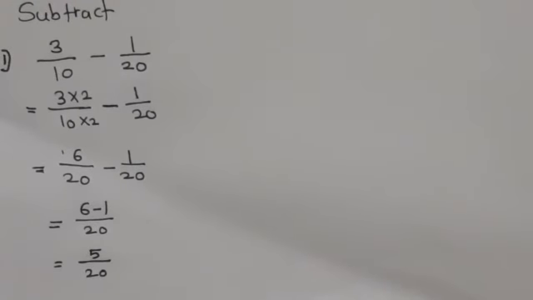So 2 times 3 upon 2 times 10 minus 1 upon 20. 2 times 3 is equal to 6 and 2 times 10 is equal to 20. 6 upon 20 minus 1 upon 20 is equal to 6 minus 1 upon 20, which is equal to 5 upon 20. So if we subtract 1 upon 20 from 3 upon 10, we get 5 upon 20 as the answer.